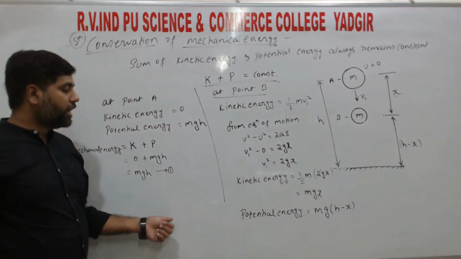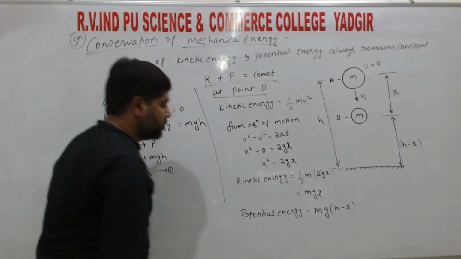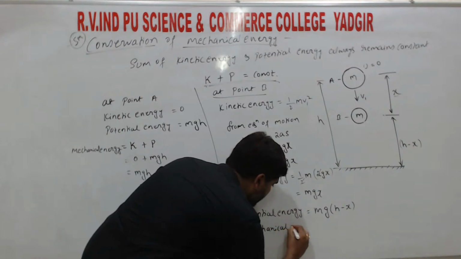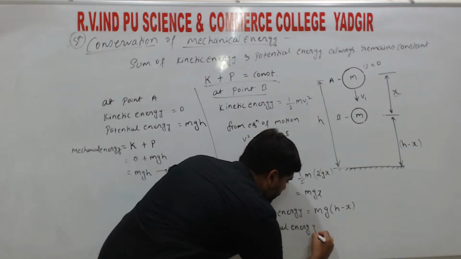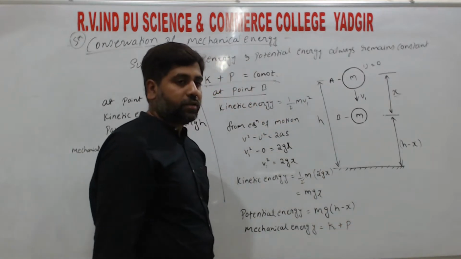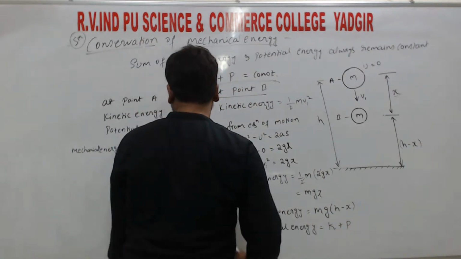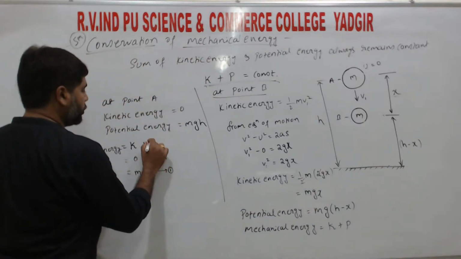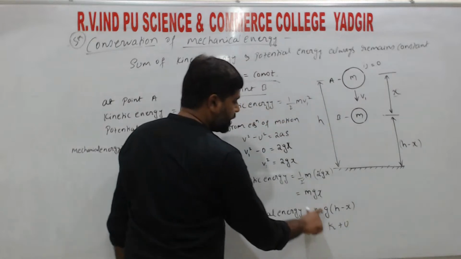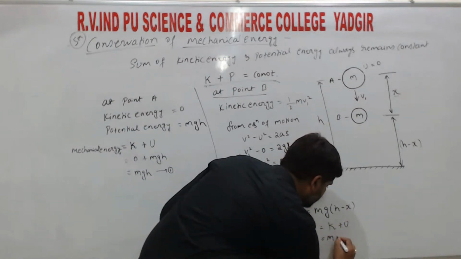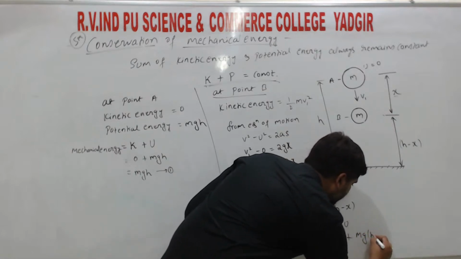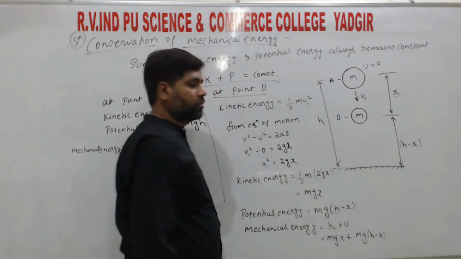So here we need to find the mechanical energy, right? So mechanical energy is equal to kinetic energy plus potential energy. The kinetic energy value is mgx, plus the potential energy value mg(h minus x), right?